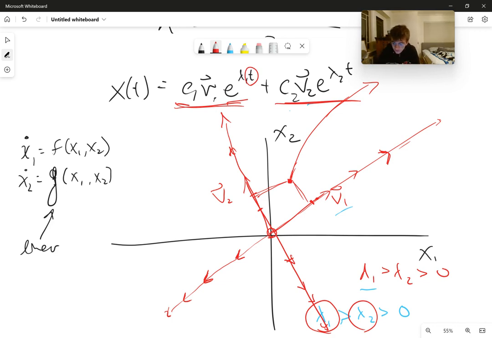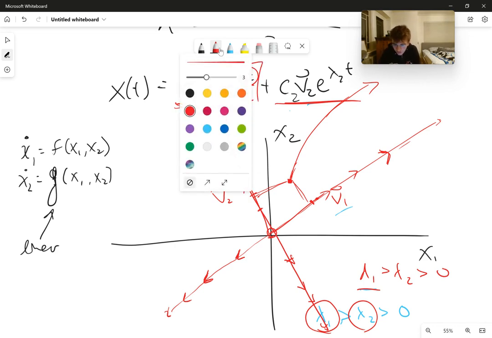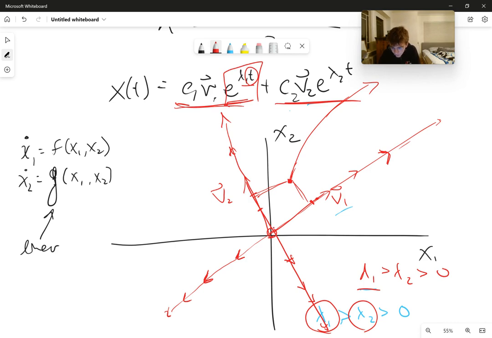But notice that since lambda 1 is greater, this exponent is going to decay much faster, okay? So as we approach the origin, we're going to slam into the lines given by v2. Okay, so it'll actually look something like this. I'm a bad drawer of this, but it'll look something like this. Okay, so I'm going to slam into the line given by v2.